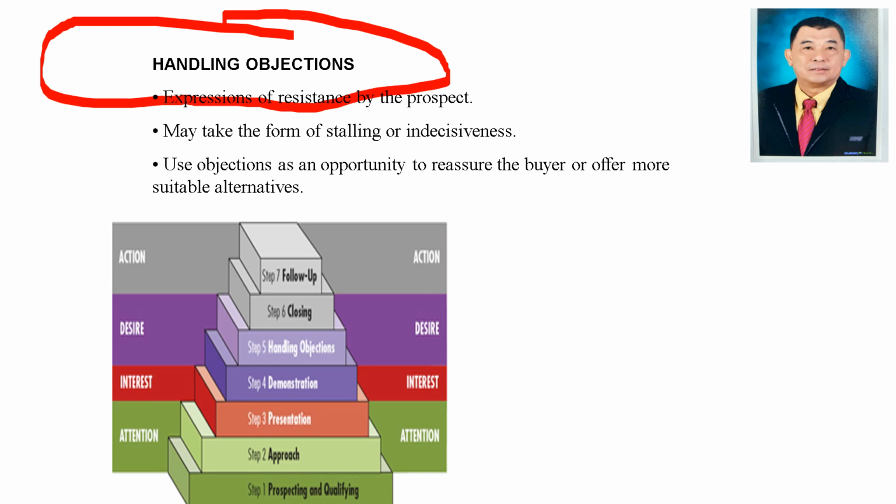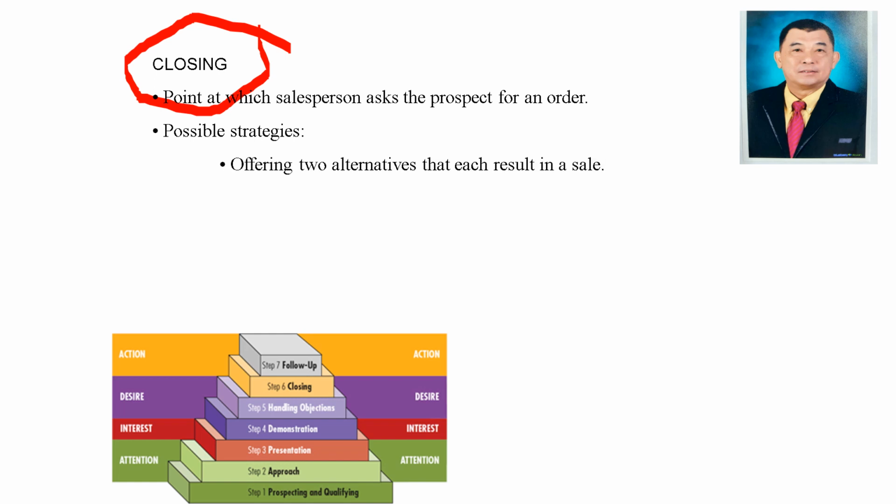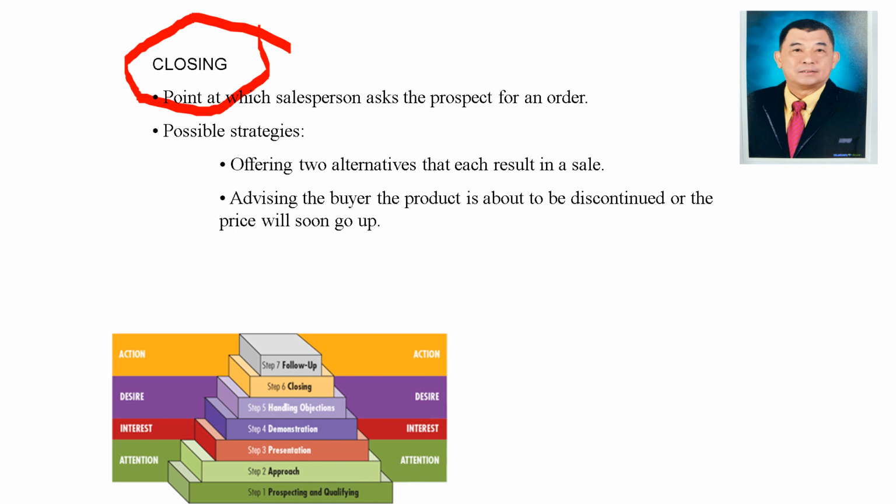Now, closing is the most important part of the steps in selling, because this is the step wherein the buyer is going to buy. It is the point at which the salesperson asks the prospect for an order. Possible strategies are providing them two alternatives or options that each result in a sale, or advising the buyer that the product is about to be discontinued or the price will soon go up.